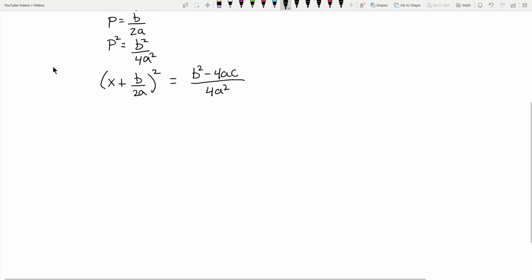All right, now I want to solve this equation for x, so I've got to square root both sides. On the left, I get x plus b over 2a. On the right, I get plus or minus, because I'm imposing a square root, the square root of the right-hand side.